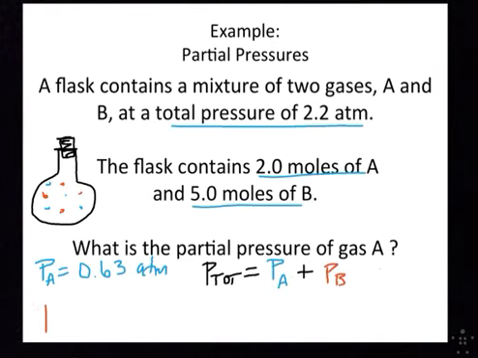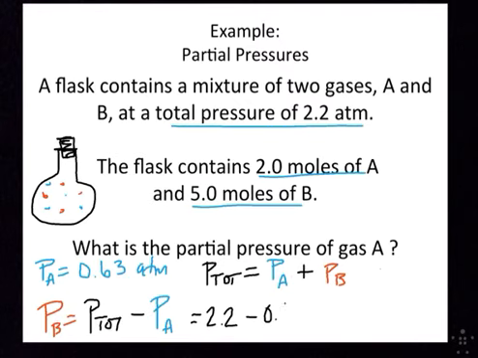So again, we know PB equals P total minus PA, or 2.2 minus 0.63, so we get 1.57 atmospheres for our partial pressure of B.